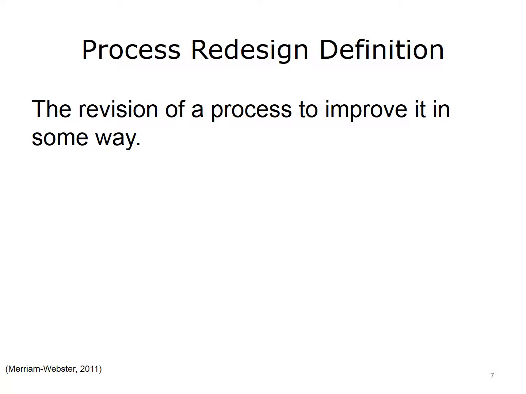This is in contrast to process improvement, which sometimes takes on the connotation of more incremental change, is defined more specifically by the American Society for Quality, 2011, as the application of the plan, do, check, act cycle to processes to produce positive improvement and better meet the needs and expectations of customers. We will cover more about both of these different approaches in the unit on process redesign.